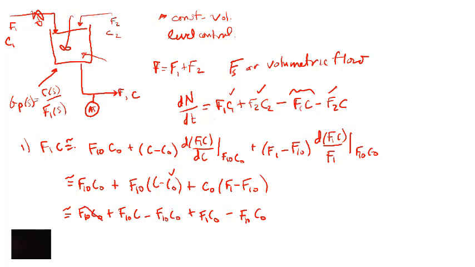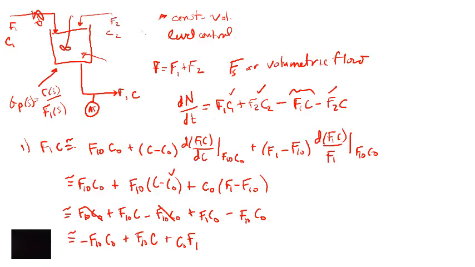So the F10C0 terms are going to cancel off, and this will give us negative F10C0 plus F10C plus, and I'm going to write this one as C0F1, because this is a constant times a function, so this is all linear with respect to the parameters.